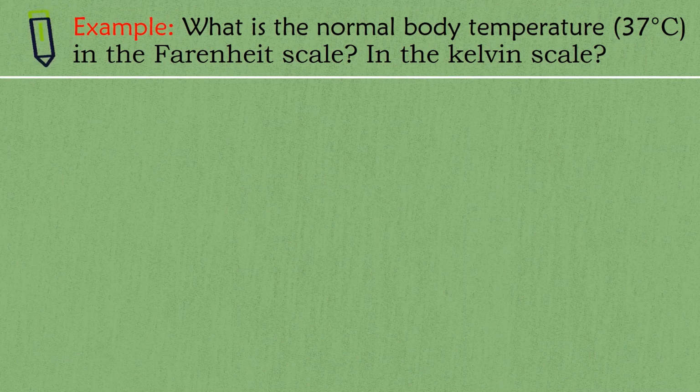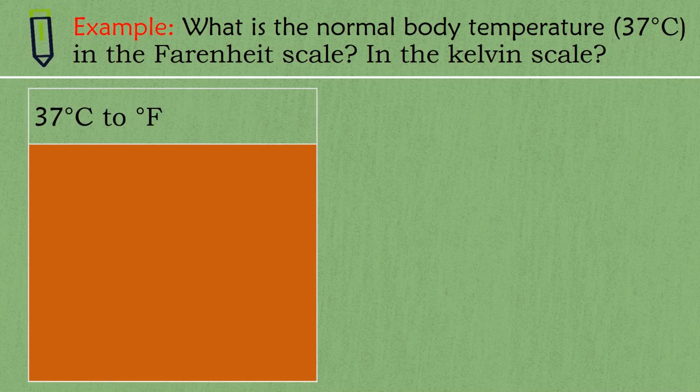For example, what is the normal body temperature in the Fahrenheit scale and in the Kelvin scale? Let us first convert 37 degrees Celsius to degree Fahrenheit. The formula will be Tf is equal to 9/5 multiplied to Tc plus 32. The next part of the solution is to substitute the given value of Tc, which is 37 degrees Celsius.